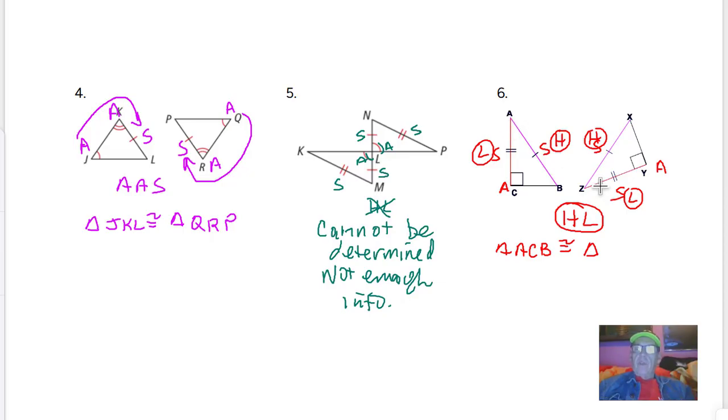I have to go from Z to Y to X. Z to Y to X. So Z goes with A. C goes with Y. Those are the two right angles that are congruent. And B goes with X. And this gives us hypotenuse leg.